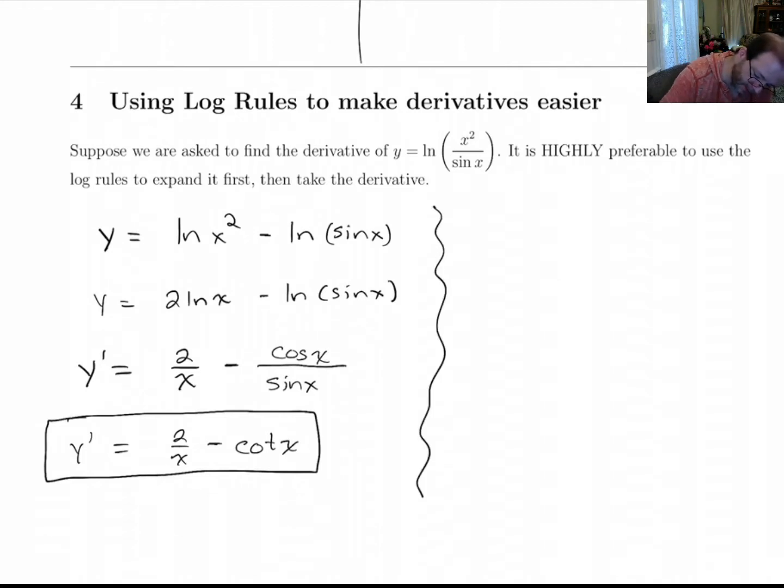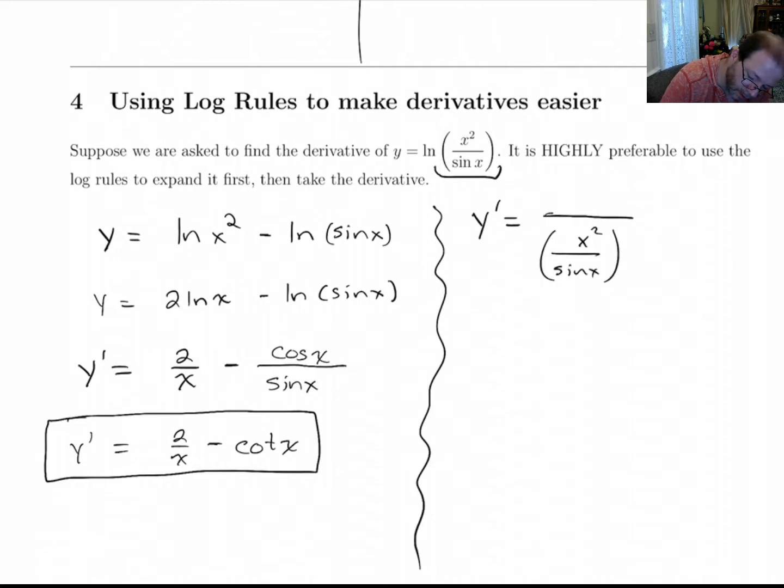Compare that to this. I'm probably not going to finish this because it's going to be ugly. But the other thing we could do, we've got a natural log, so we've got to put this downstairs, and then its derivative is going to go on top. To take the derivative of that thing inside the log, we've got to use the quotient rule.